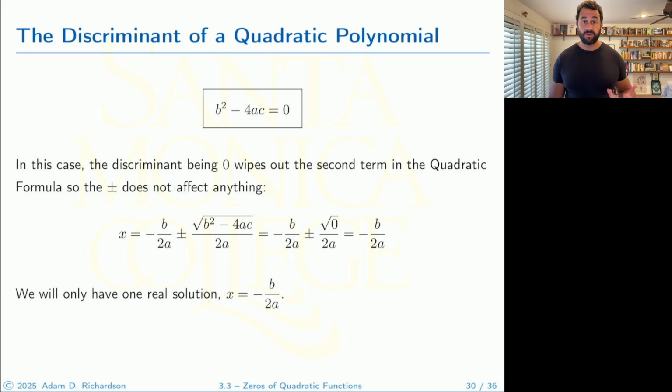This is another reason why it's handy to express the quadratic formula like this, instead of mushing everything together over a single denominator. So you're just left with this one real solution, and it will actually be repeated. We'll see geometrically what that is more in the next section, but spoiler alert, it's going to be the vertex of the parabola.